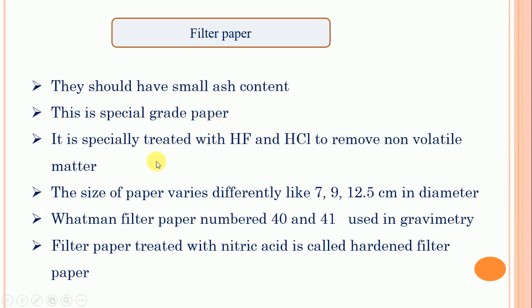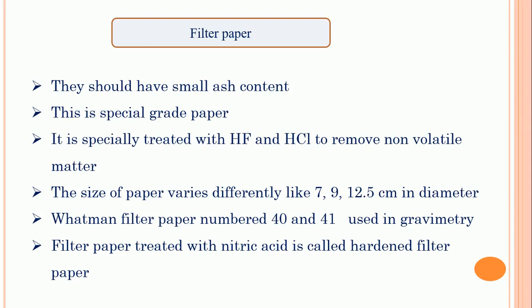The paper size varies, like 7, 9, as well as 12.5 centimeter in diameter. Different diameters of paper are available for filtration, and it depends on the amount of precipitate used.